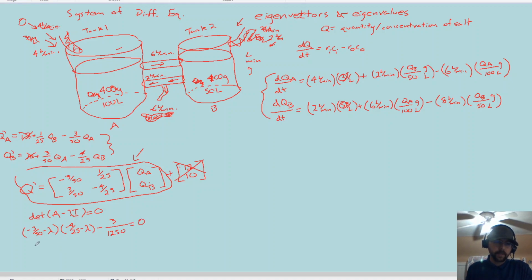So we combine all these terms here, we get lambda squared. This is going to become positive, this is going to become positive, and we'll add them together. So 3 divided by 50. I'm just going to convert all these to decimals and use approximations to make this a little easier.